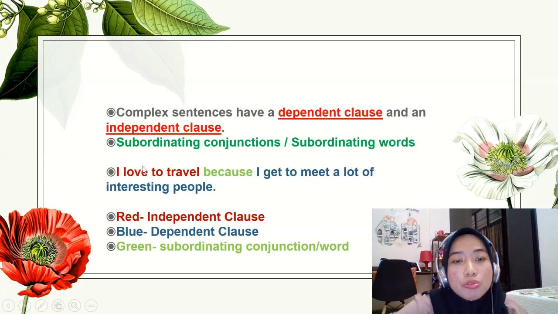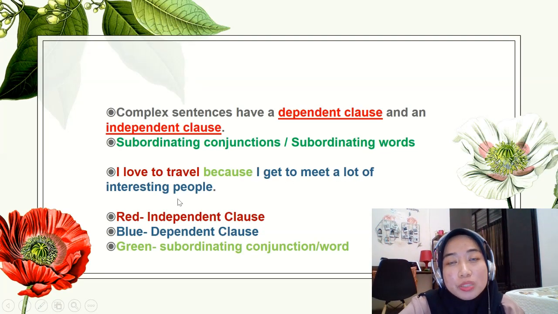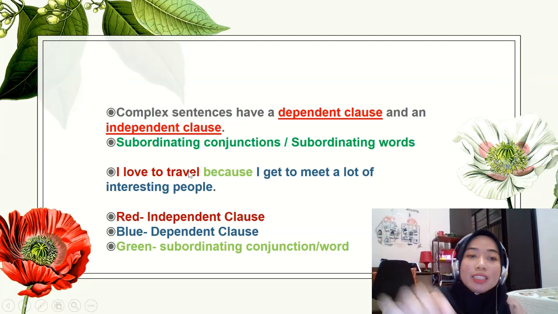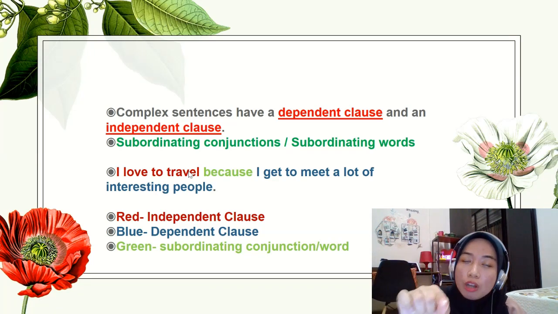I love to travel because I get to meet a lot of interesting people. I love to travel is the independent clause. I is the subject. Love is the verb. To travel is the idea of it. So basically, I love to travel, full stop, is a complete sentence by itself because it's an independent clause.